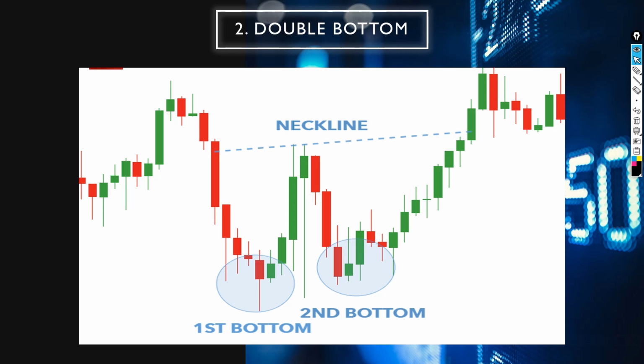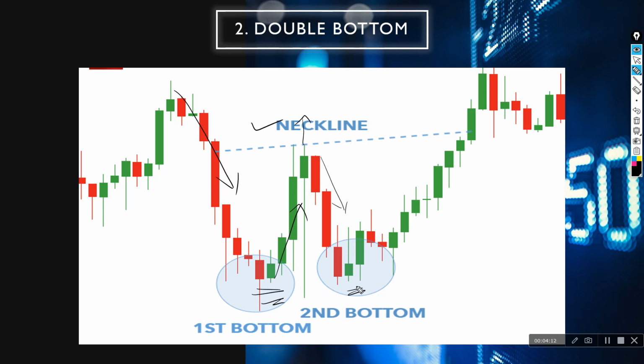The next one we have is double bottom. Now double bottom is exactly opposite to the double top. Here we have the neckline, and what happens is that we will have lows formed. There will be two lows formed, and this usually happens in a downtrend. You can see there was a low formed and then it moved up. It did not cross the neckline, but it faced a rejection, came down, and when it came down, it approximately formed a second bottom which was in sync with the previous low.